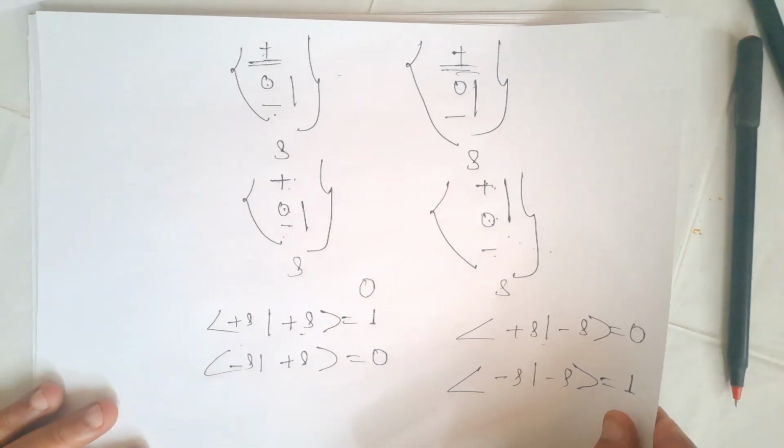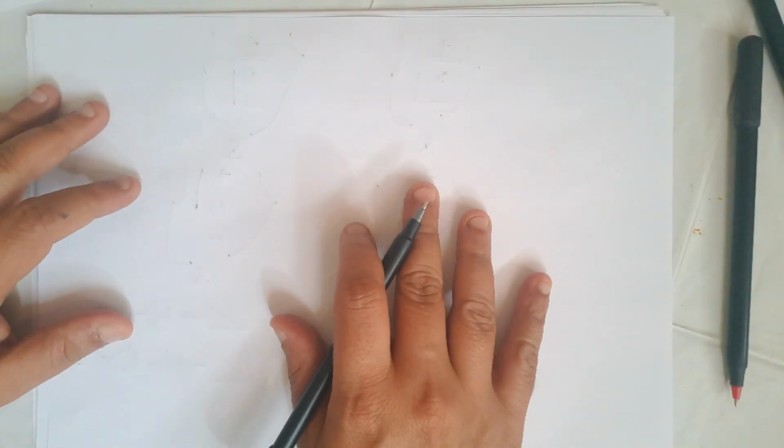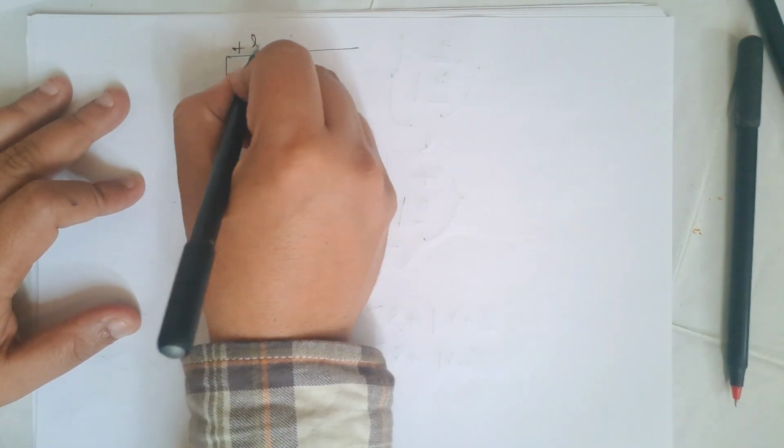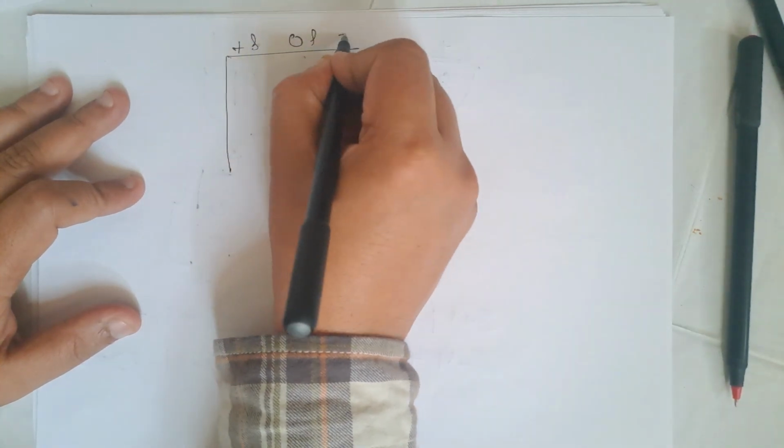So there can be 9 such amplitudes like this, plus, 0, minus.